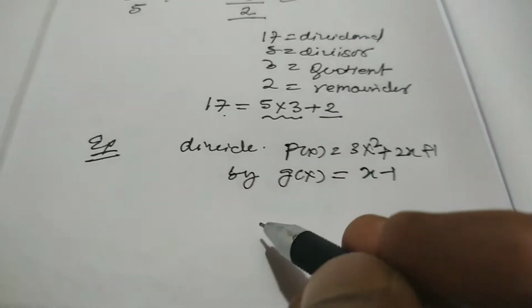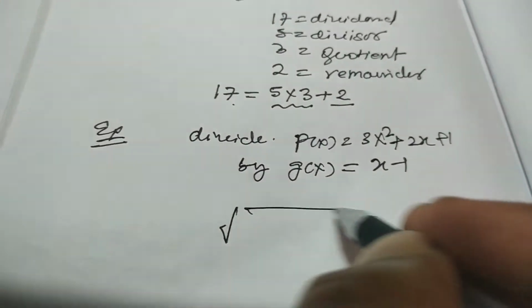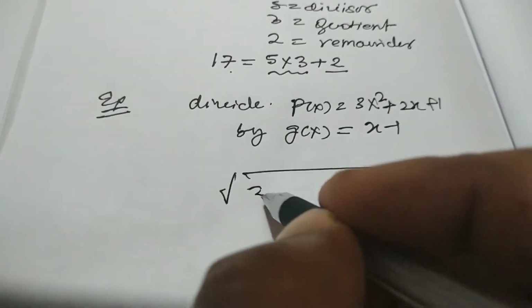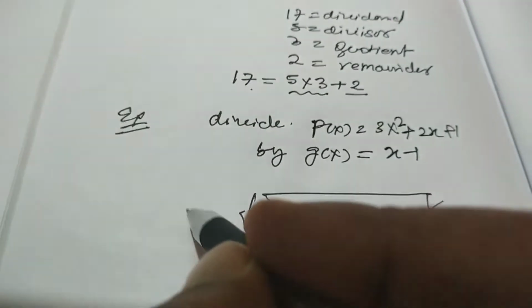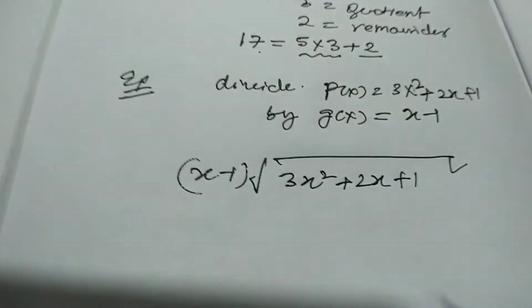How do we divide this? This is 3x square plus 2x plus 1 whole divided by x minus 1.